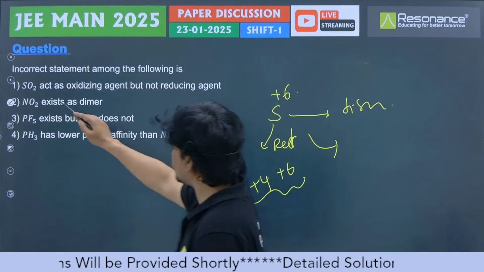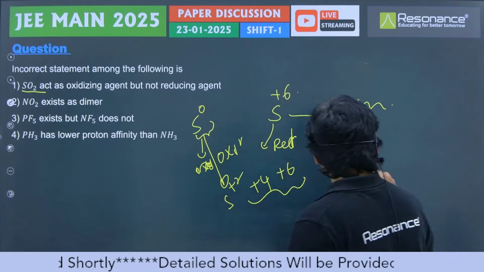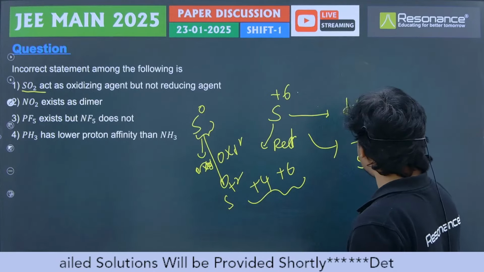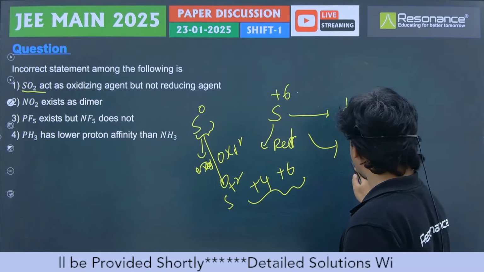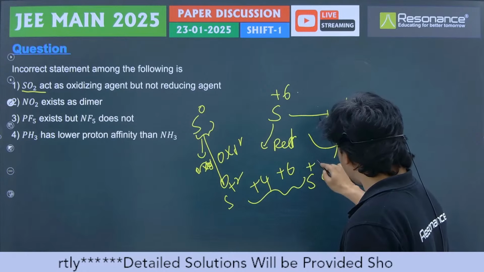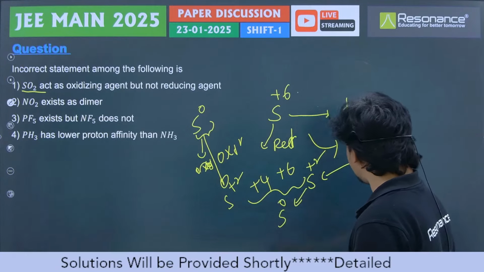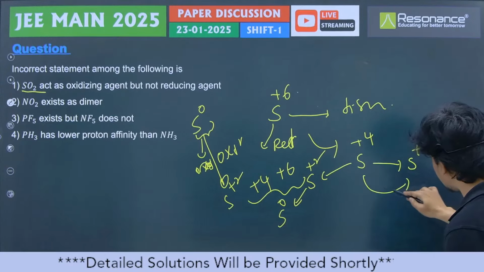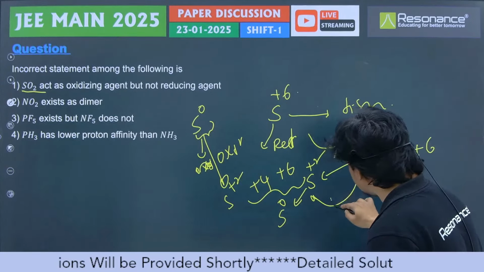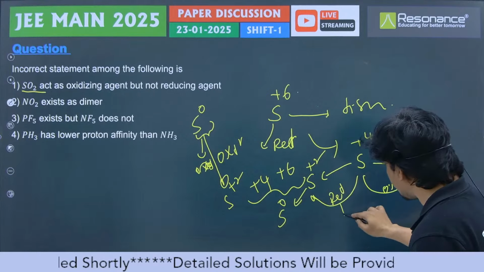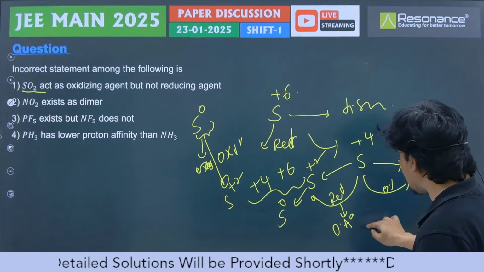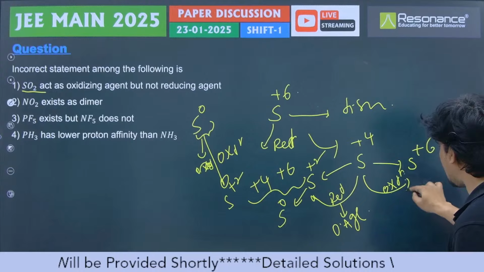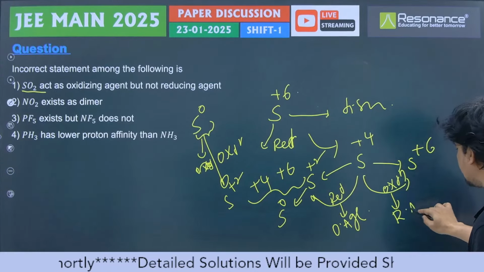then it does not act as the oxidizing agent. But here in sulfur dioxide, sulfur is in what oxidation state? +4 oxidation state, right? Sulfur will become S+2 and S0. Sulfur will become S+6. That means it can undergo oxidation and it can undergo reduction. It can undergo reduction means it acts as the oxidizing agent. It undergoes oxidation means it acts as the reducing agent.